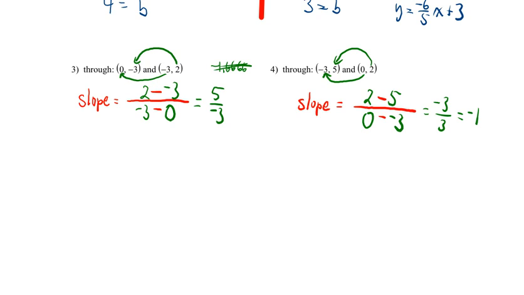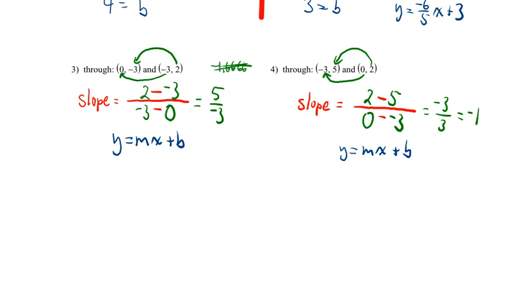All right, now y equals mx plus b. And I hope you guys are writing this down while we do this. All right, Shibley, do you want to use 0 and -3, or do you want to use -3 and 2 for our point? -3 and 2.